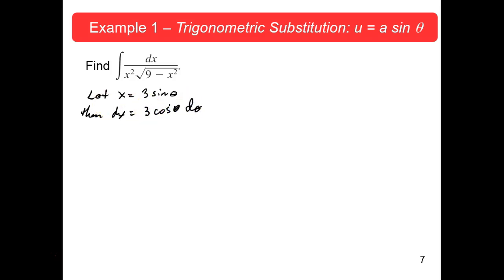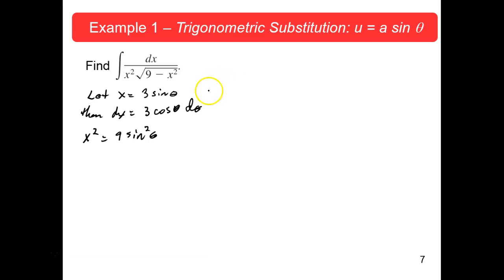Remember, d's go with d's, so you have to put a d theta there. Another thing we're going to have is what x squared is. So what's x squared? If x is 3 sine theta, what is x squared? 9 sine squared theta. Good.